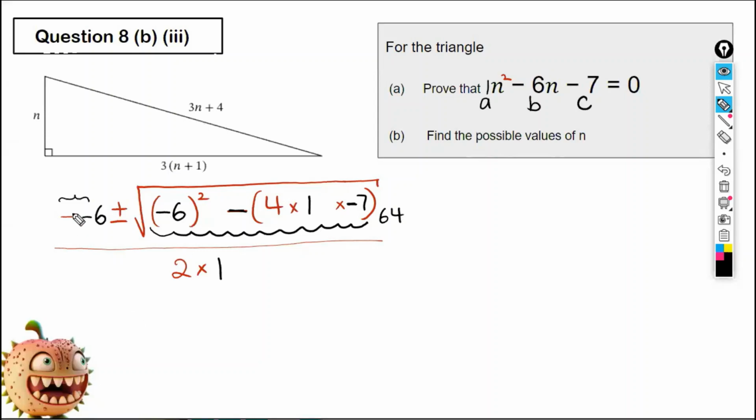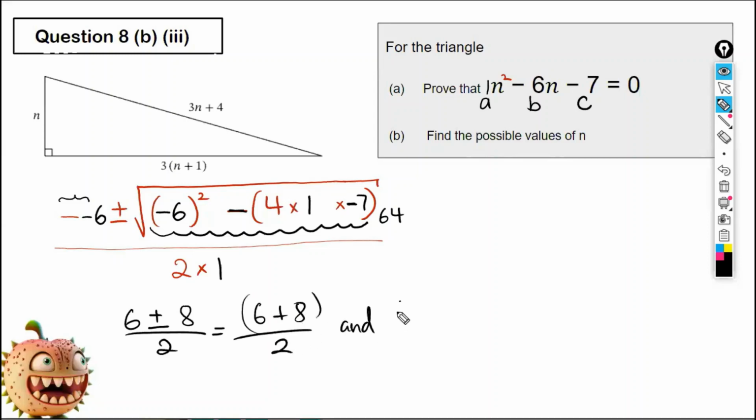So we're going to get positive 6 plus or minus the square root of 64, which is 8, divided by 2. So the two answers will be 6 plus 8 divided by 2 and 6 minus 8 also divided by 2. Remember, when you're working this out, make sure the top is in brackets. So I think we're going to get 7 and minus 1. Those look like the two answers. 7 and minus 1. Those are the possible values for n.